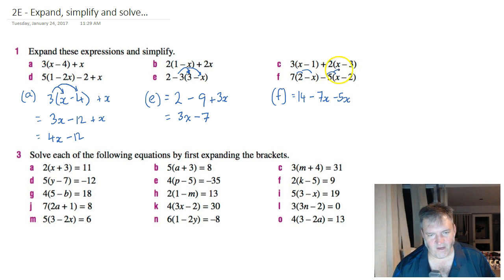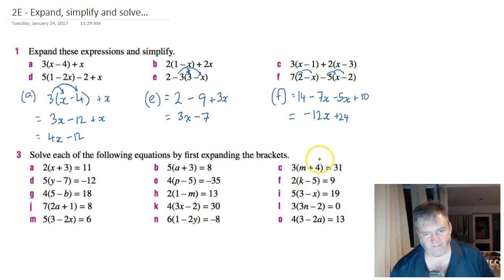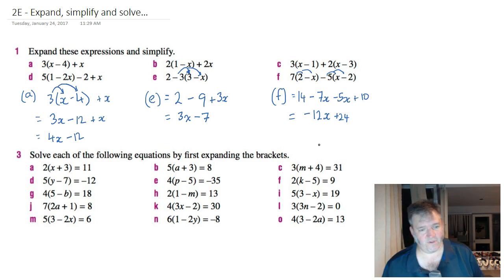Negative 5 by negative 2, positive 10. Collect our like terms. Negative 7x minus another 5x. Lose 7, then you lose 5 more. That's negative 12 altogether. 14 plus 10 is 24. And we're all done.